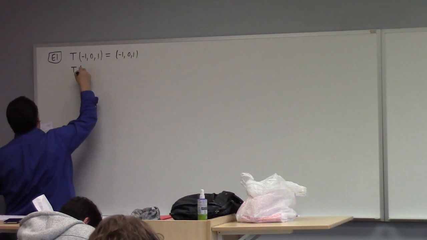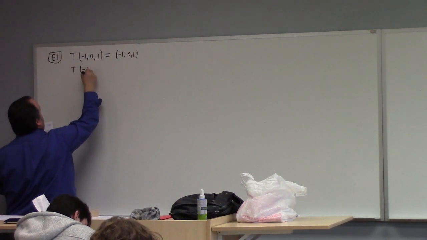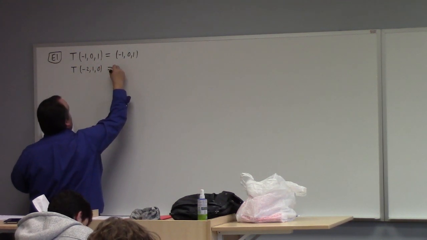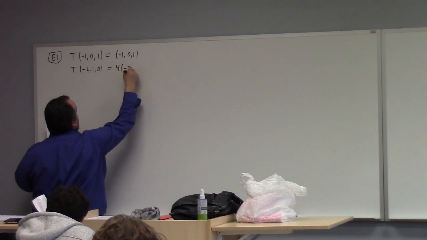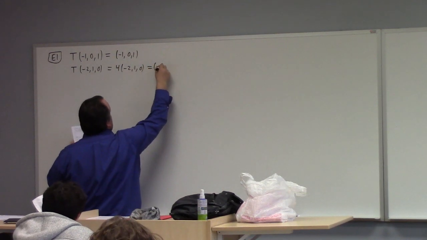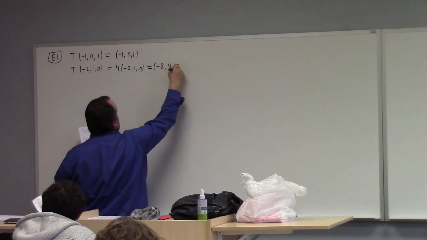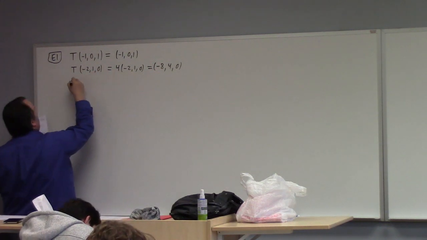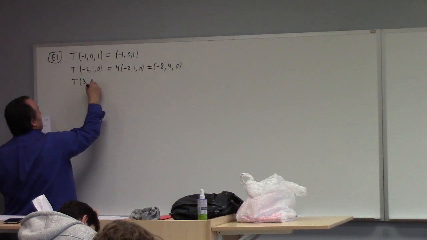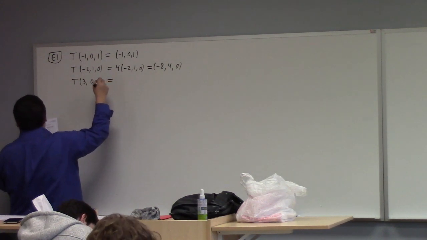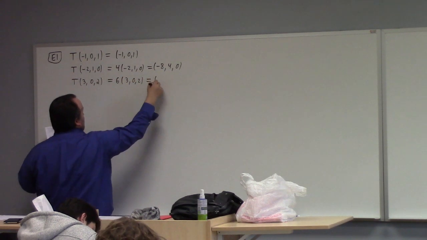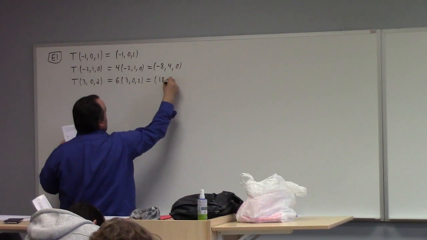Suppose we have T of (-2, 1, 0) equal to 4 times that. In other words, that's (-8, 4, 0). And continuing with this weird example, T of (3, 0, 2), let us suppose that is equal to 6 times (3, 0, 2). So that would be specifically (18, 0, 12).